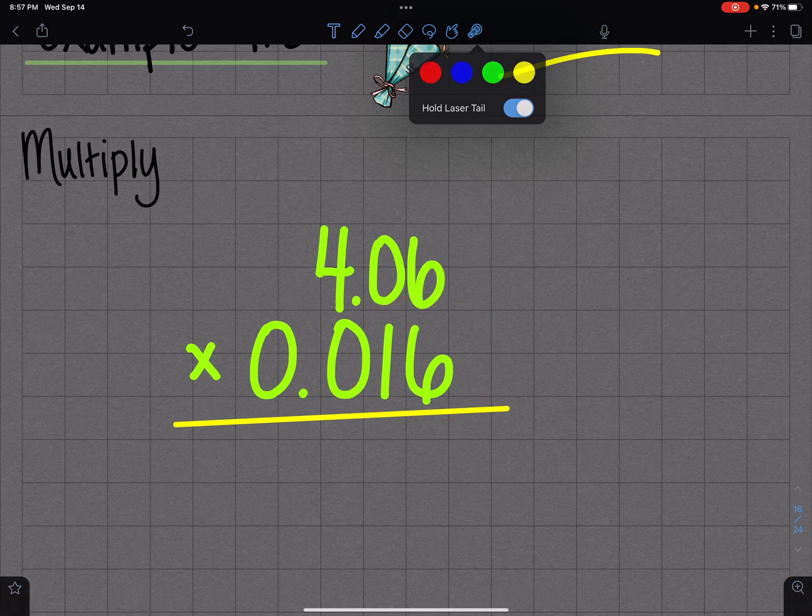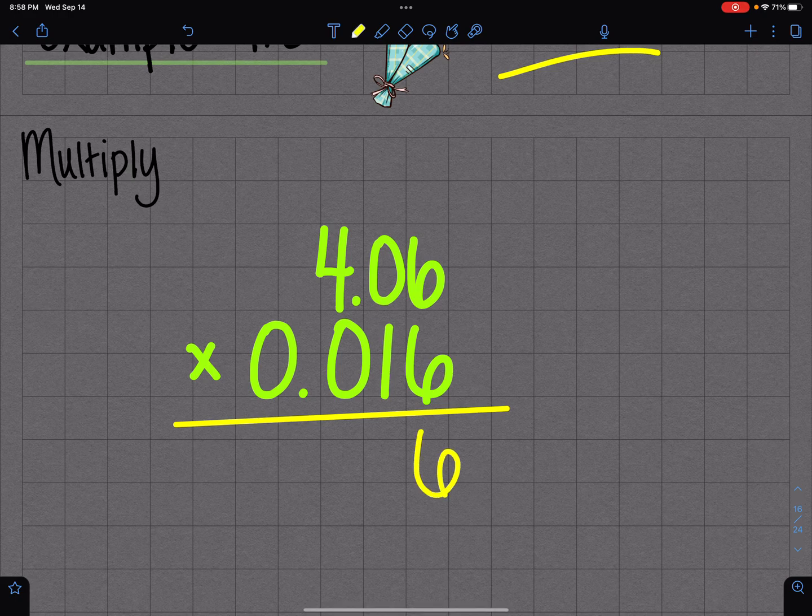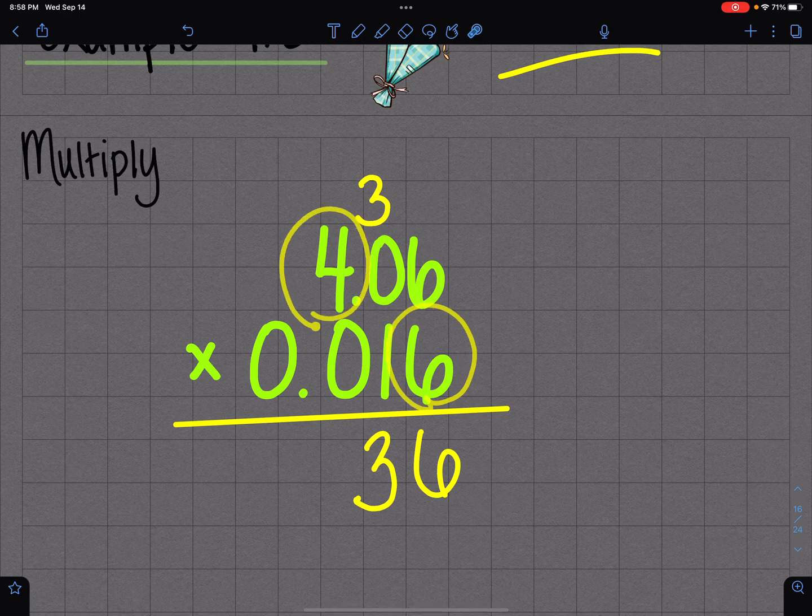All right, let's do 6 times 6 is 36. Put the 3 up here. 6 times 0 is 0, and then plus 3 is going to be a 3. Okay, now we do 6 times 4, which is 24.